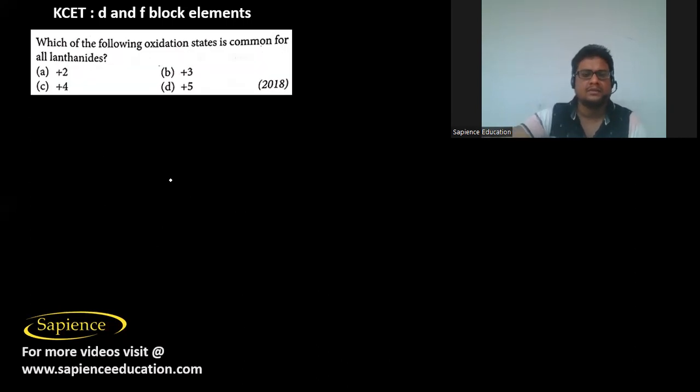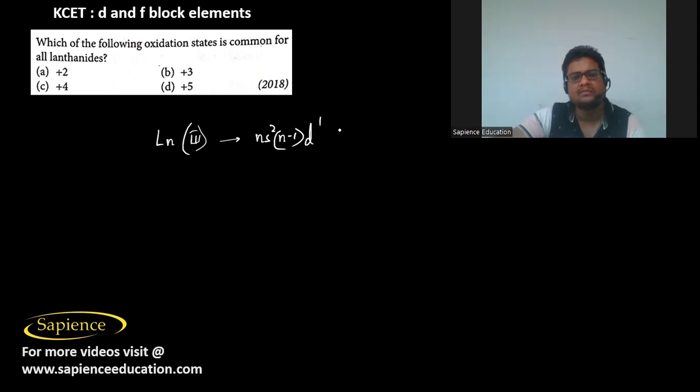Then it is asked which of the following oxidation states is common for all lanthanides. So as we know, lanthanides all have valency 3, since they have ns2 and (n-1)d1 type of configuration.